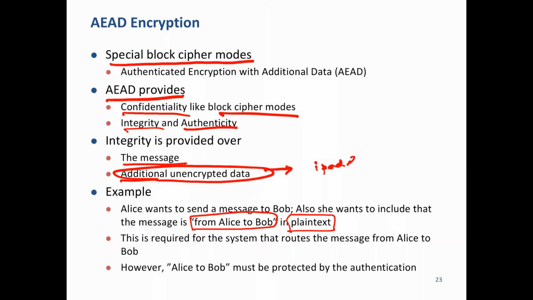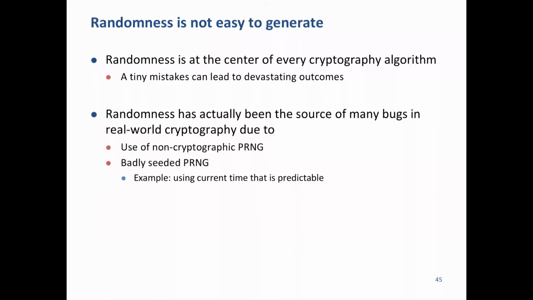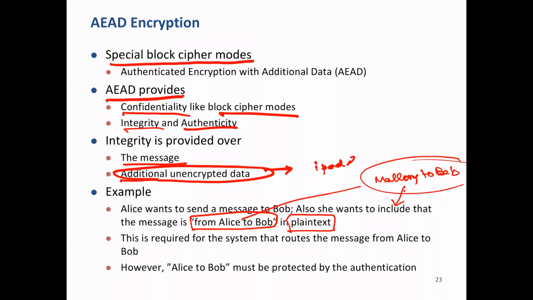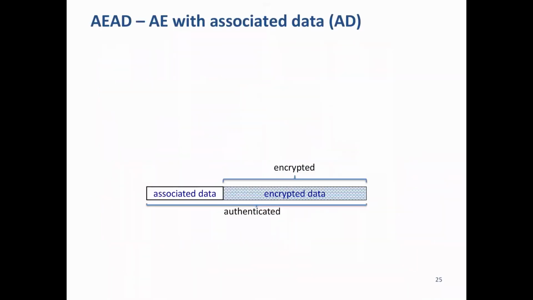If Mallory changes this to "Mallory to Bob with love," this should not be allowed. If she does that, it should be detected. So it means that there has to be integrity. All right. So the basic idea is that it's not always possible in systems or protocols for packets to encrypt everything.